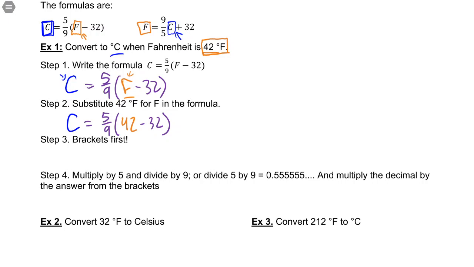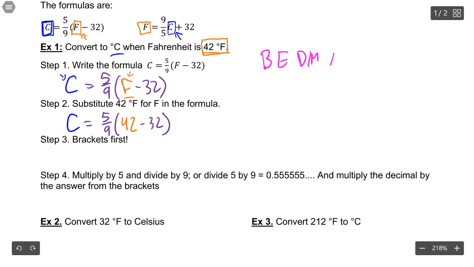Now, our next step, we actually need to follow order of operations. Usually we do that in terms of BEDMAS, right? So brackets and exponents. The exponents aren't going to matter here, there's no exponents in this question. But the brackets is what we're going to do very first.